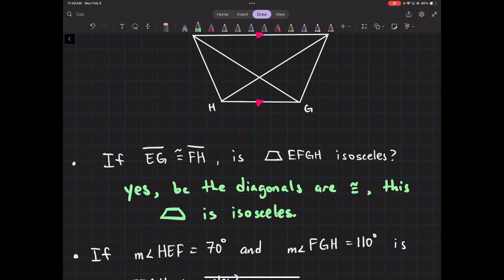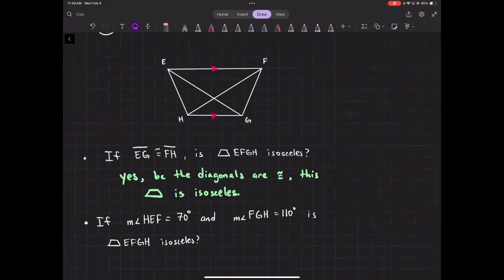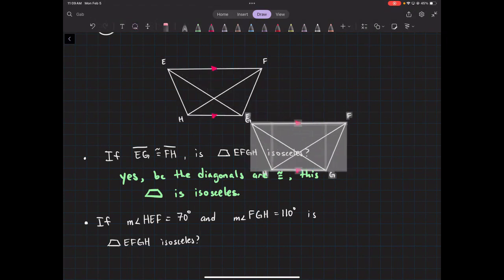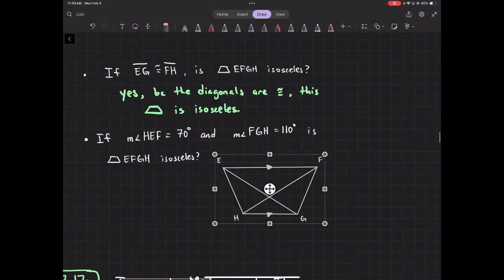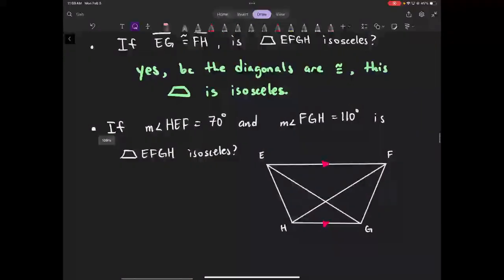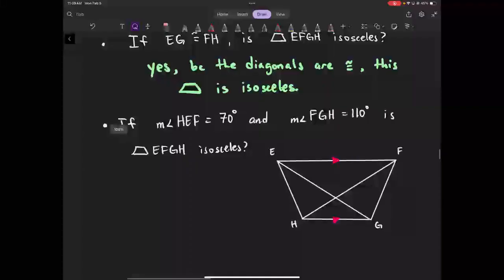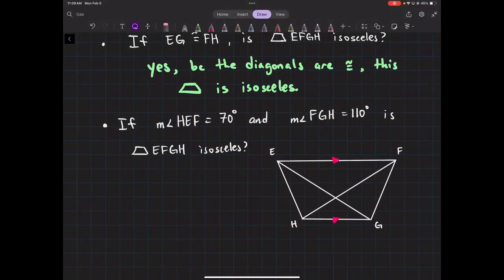Alright, you guys good for the second part? Let me drag this over. This is part 2 to the question. They give you some other stuff. Are you sure? Without drawing anything in?